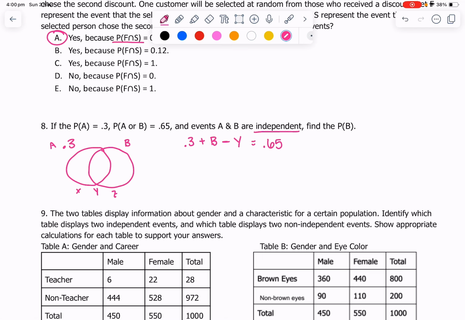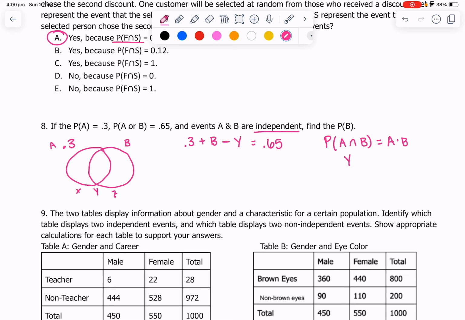But we can use this fun little other part that events A and B are independent. This means that the intersection, the probability of A and B happening at the same time, is A times B. So that intersection part, that's just what I'm calling Y, kind of for short.